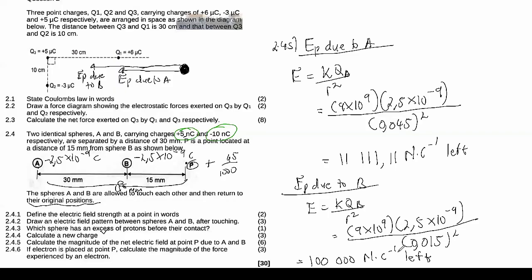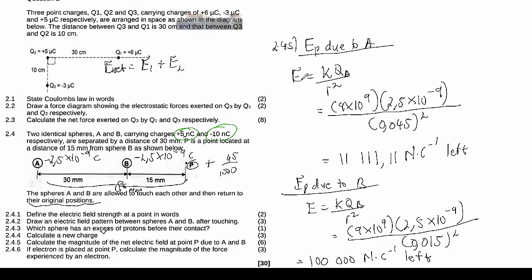And then now, how are we supposed to calculate then? To calculate the magnitude of the net electric field at point P due to A and B, we should then say our E net is equals to E1 plus E2, right?